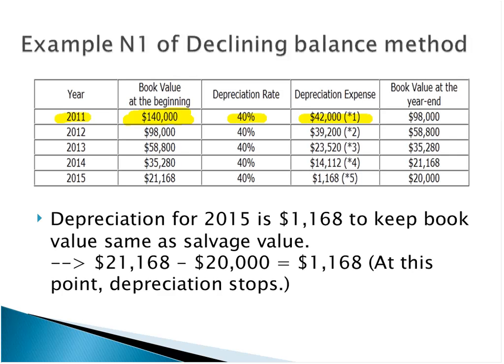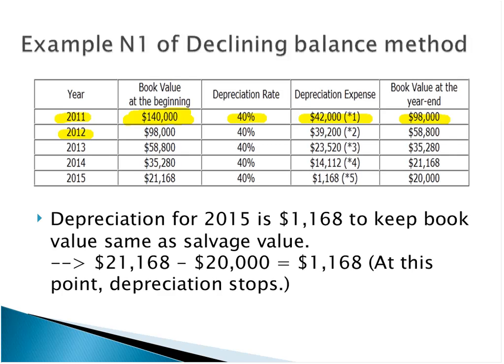And to find the book value, we have to take the original cost of the equipment, which is 140,000, and minus your depreciation expense, you will get 98,000, which is the book value at the end of the year. The next year, you will start the calculation with the book value of the previous year. You remember?